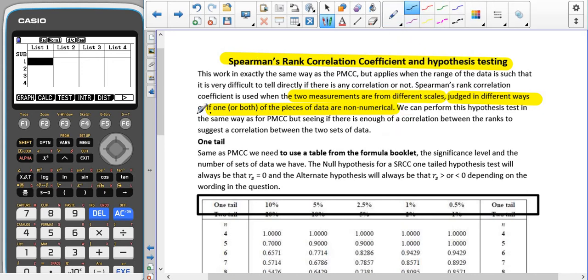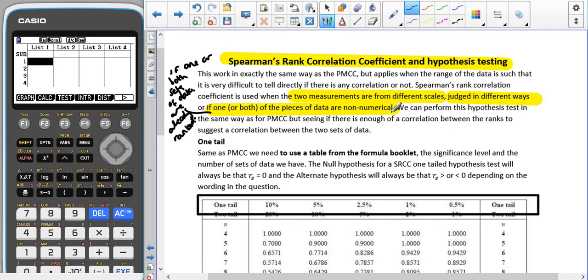And also, if one or both sets of data are already ranked. So those are the four reasons why we'd use Spearman's rank correlation coefficient over PMCC.